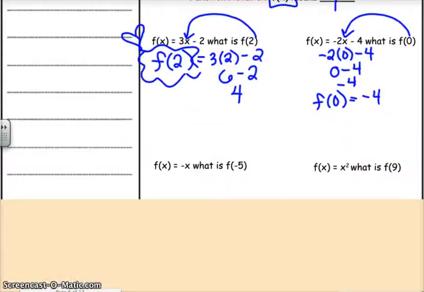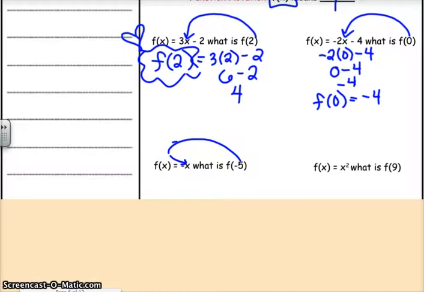Okay, next. My function f of x equals a negative x. What is f of negative 5? That means put negative 5 where the x is. And it really is putting negative 5 where each x is. But all I care about is the actual equation part.